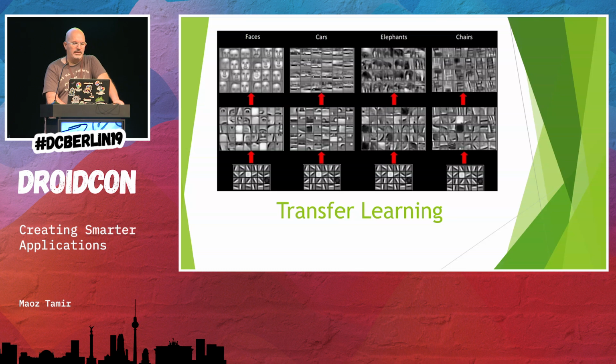Because these layers are the same, everything that the original network already trained on, you can use to your advantage, and then you just need to train the upper layer. Okay?